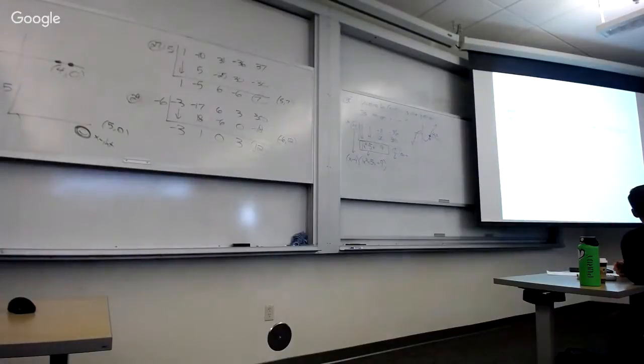The next step chunks off another factor, leaving me with a cubic. Then the next step chunks off another factor. This is what the process would look like from a bird's eye view, leaving you with a quadratic. And the very last step would chunk off another factor, and I'd be done.